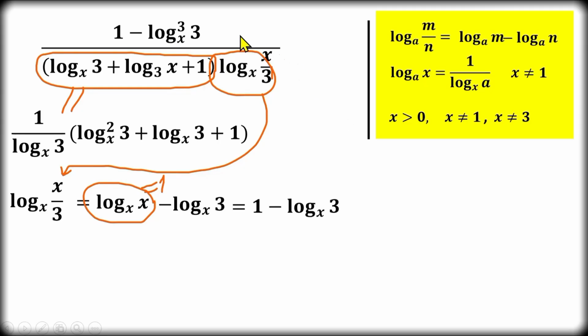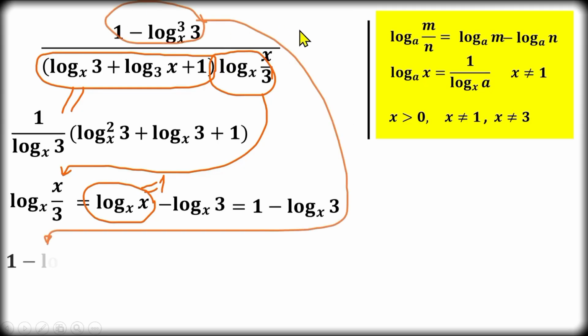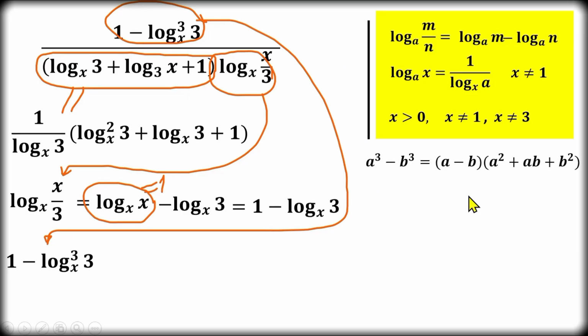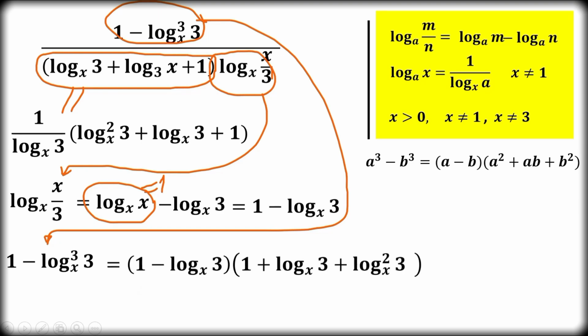What remains? The numerator remains. Let's transform the numerator using a well-known formula of algebra. A here is 1, b is log x of 3, and we have here the following. And this is our numerator.